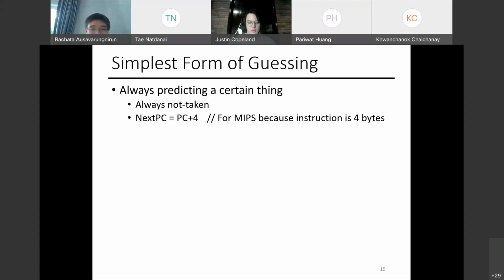I'm gonna go to whatever I'm gonna branch into. Why is this good? You can also pick randomly. Which one is likely to be better? Between a random guess or the simple guess of picking one, like let's say I pick PC plus 4.